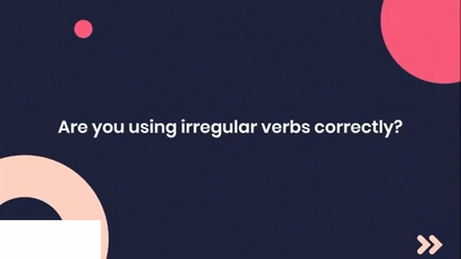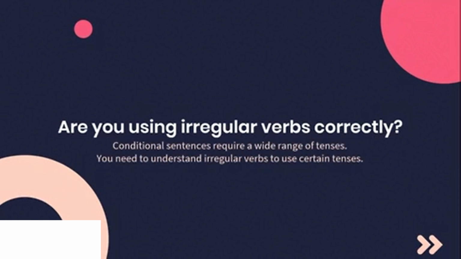Are you using irregular verbs correctly? As I mentioned in the last lesson, when using conditionals, you may need to use irregular verbs. And since conditionals contain a wide range of tenses, irregular verbs will change depending on the type of tense used.